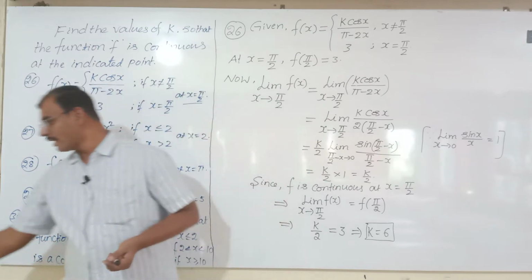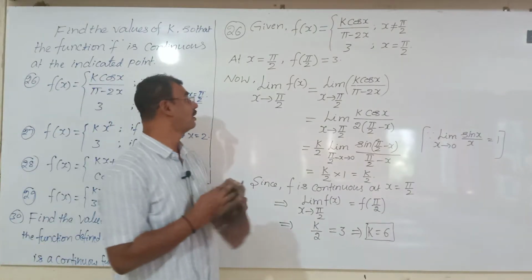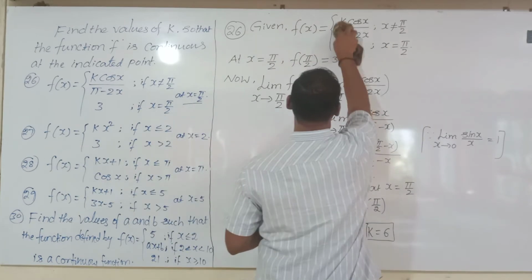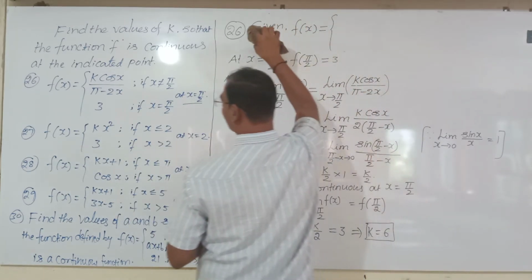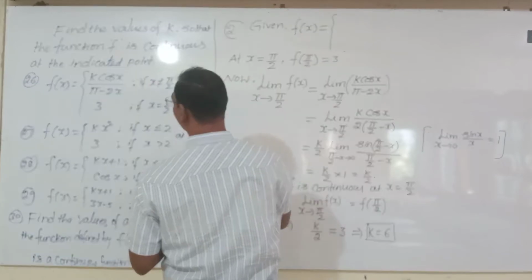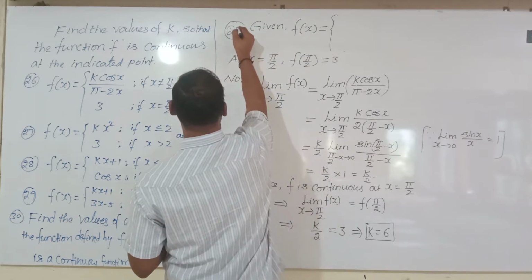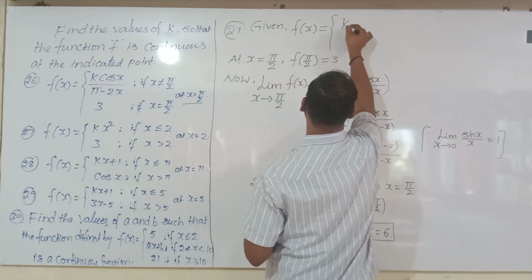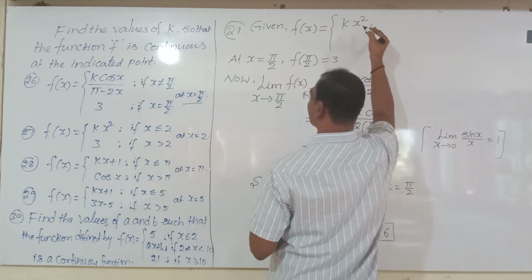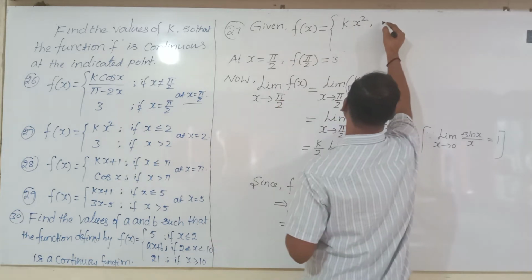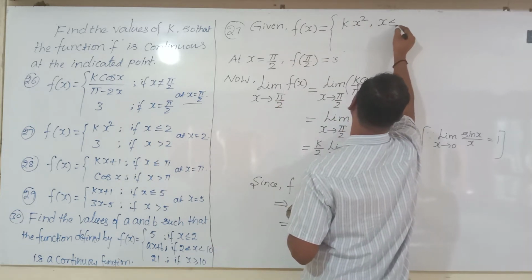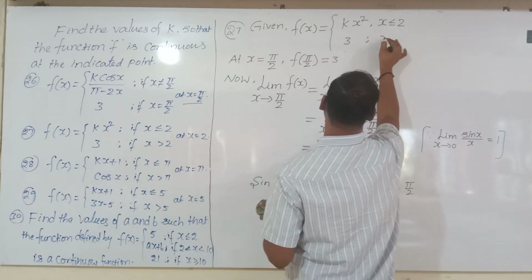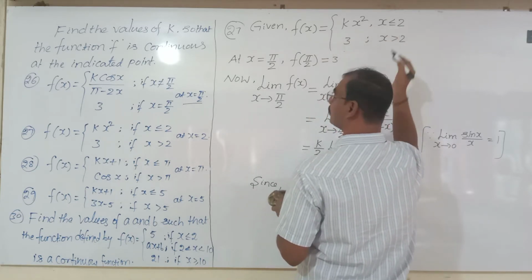Okay. Next problem. In the same model, there are another 2 to 3 questions given. Take the question here. Problem number 27. f of x is equal to kx square when x is smaller than or equal to 2, and 3 when x is more than 2.